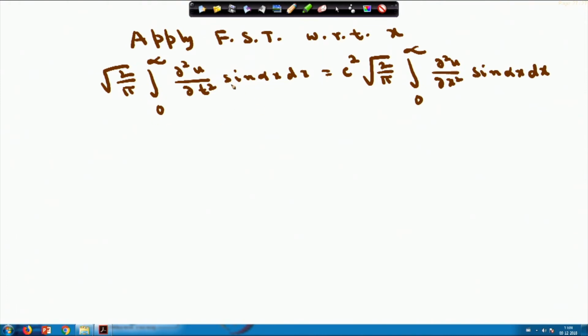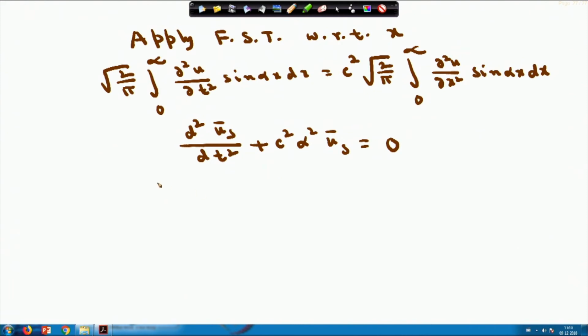Directly I am writing, left hand side will become d 2 u bar s. I am not explaining this because already we have done this thing, and this will be c square plus alpha square u bar s. Using the conditions provided, please check that if I evaluate the integral, ultimately this will be transformed to this second order ODE.